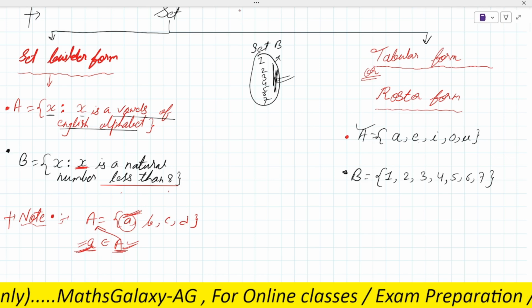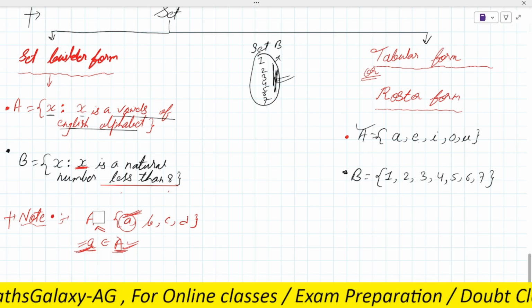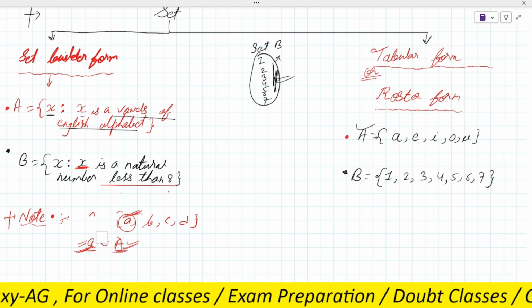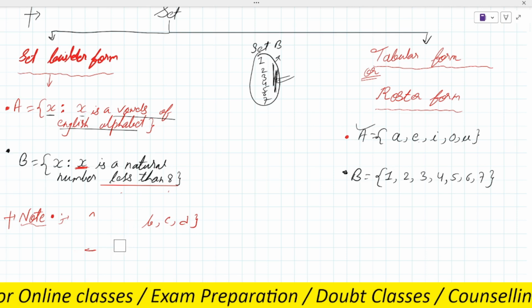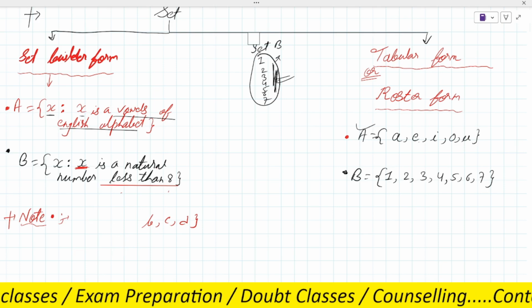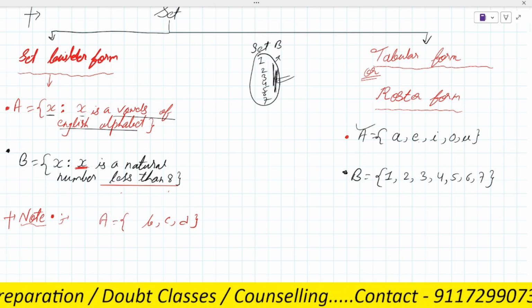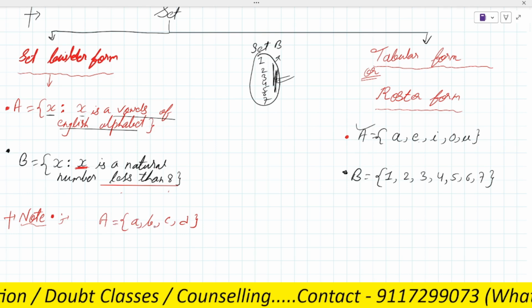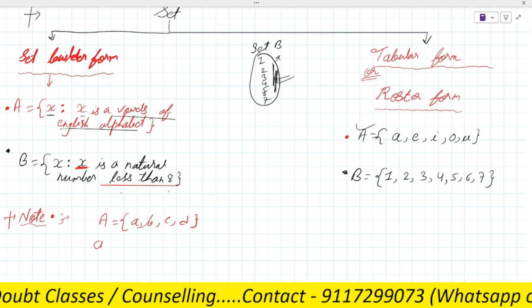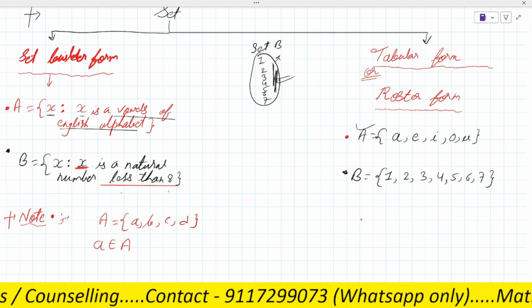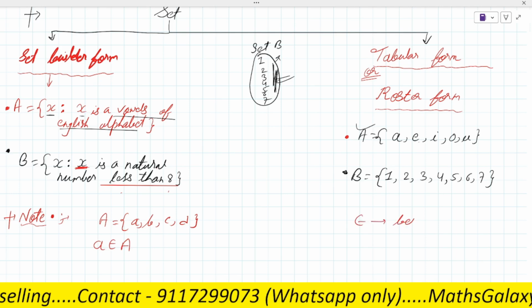Did you understand this point? Suppose there is a set A whose elements are a, b, c, d. If we write a belongs to A, this sign is the sign for belongs to.